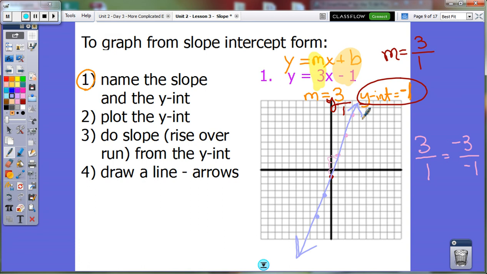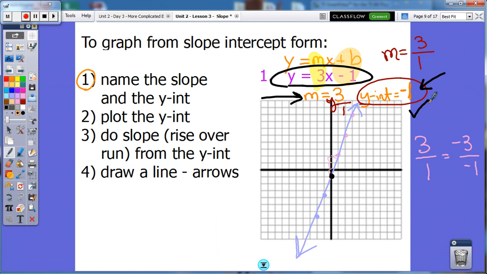Okay, so recap what we just did. They gave me an equation. Once they gave me an equation, I wrote down what the slope and y-intercept is. From there, I went to my graph and I decided to graph the y-intercept, which is -1.